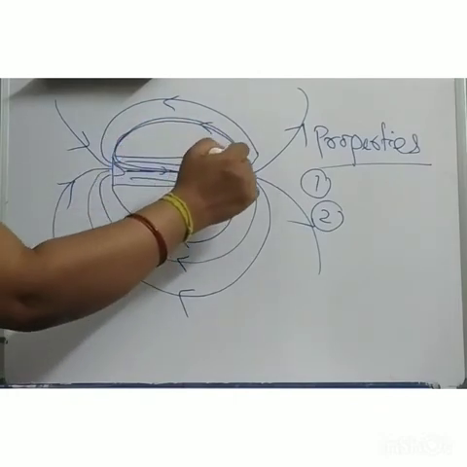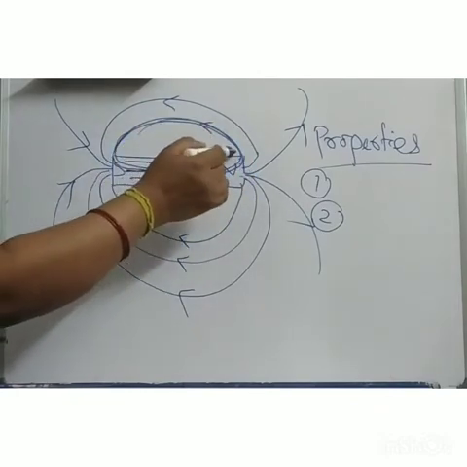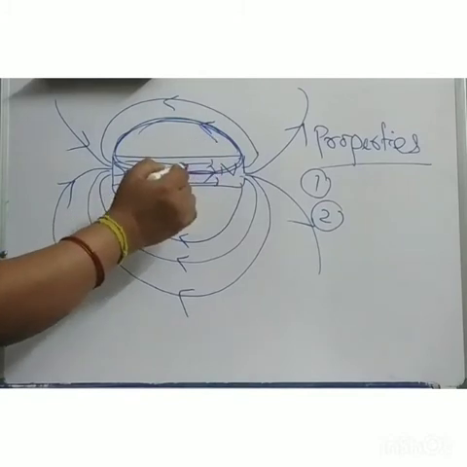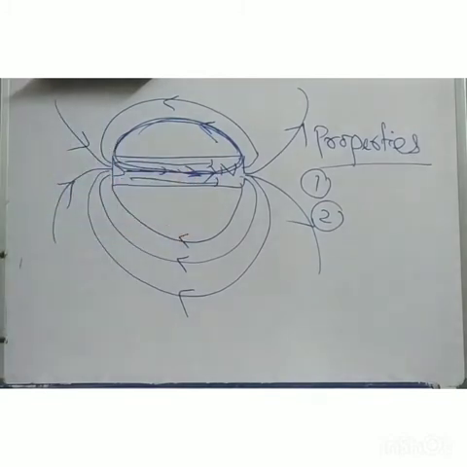See the direction. So the second property is that magnetic field lines are a closed and continuous curve.